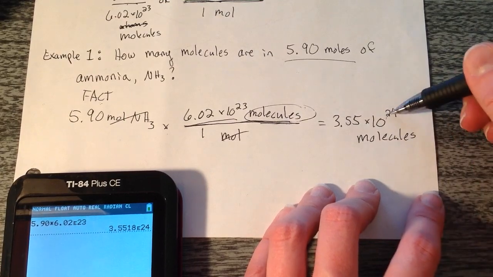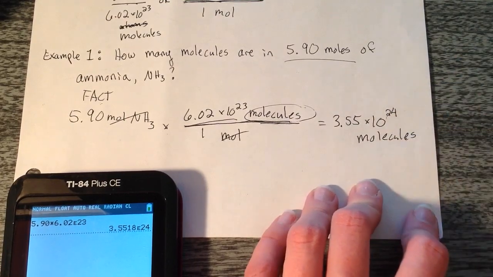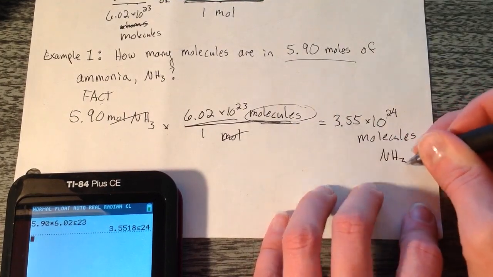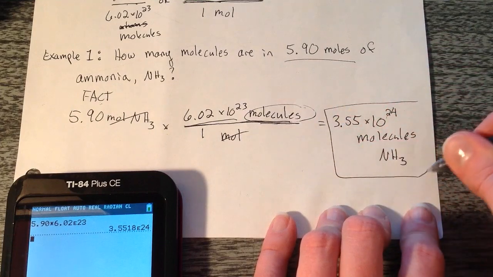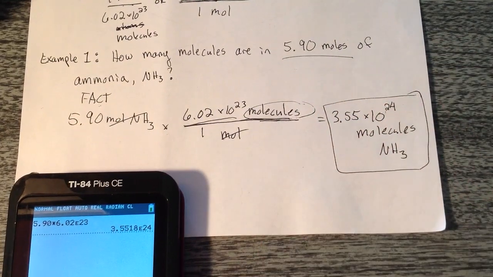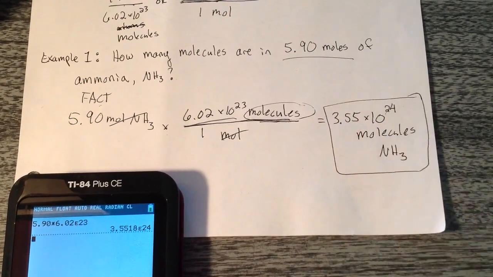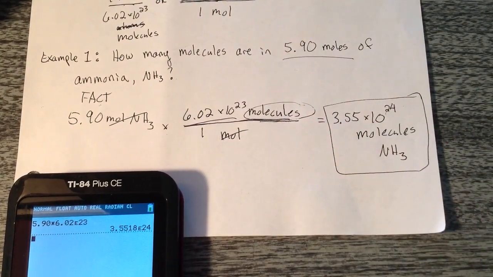So there's my numerical number, there's my unit. I also need the substance. My substance was NH3. I need all three of those details in my answer. Notice this is in scientific notation, so if you do not have a scientific calculator, please go get one, because otherwise you won't be able to do these calculations.